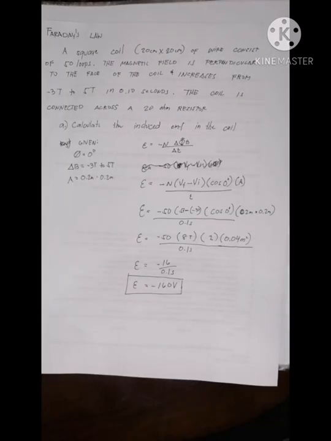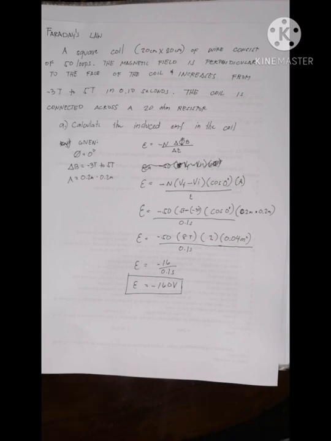So now we have a sample problem for Faraday's law. A square coil with dimensions of 20 cm by 20 cm of wire consists of 50 loops.